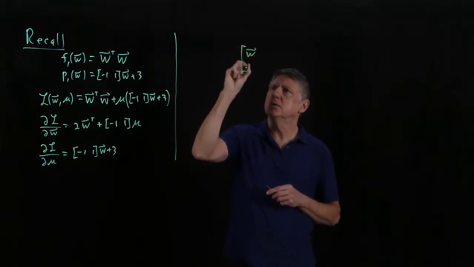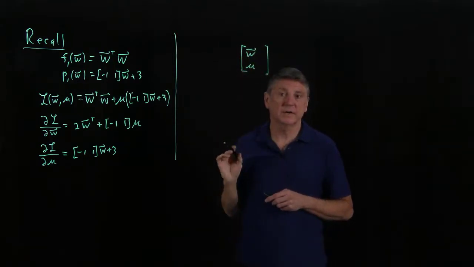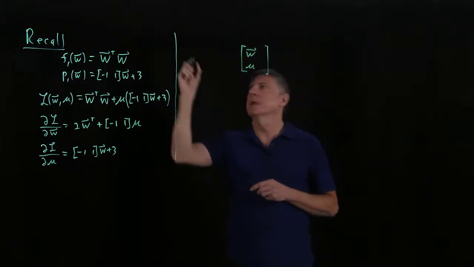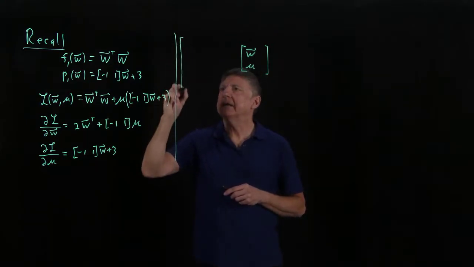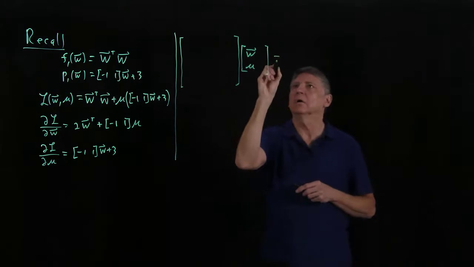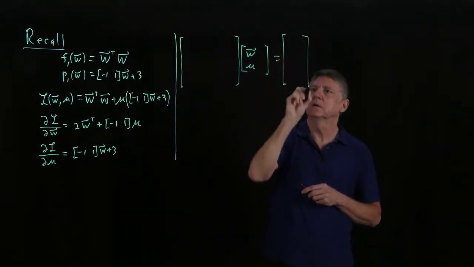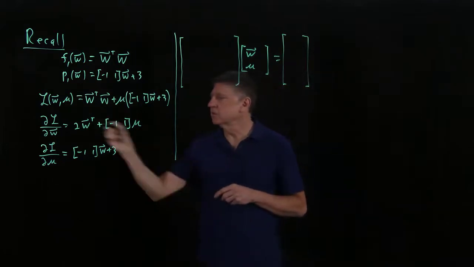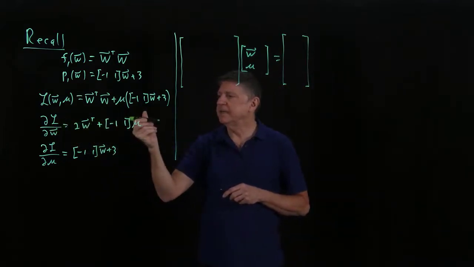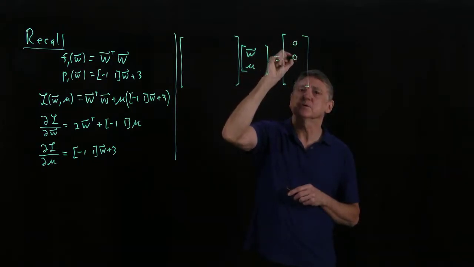Let's write W and mu, and let's leave a little space over here. You are writing this down, aren't you? Okay, so now the question is, what are the matrix and the vectors that we have? When we set that equal to 0, the right-hand side will be the 0 vector, and I'll write those as 2 components.